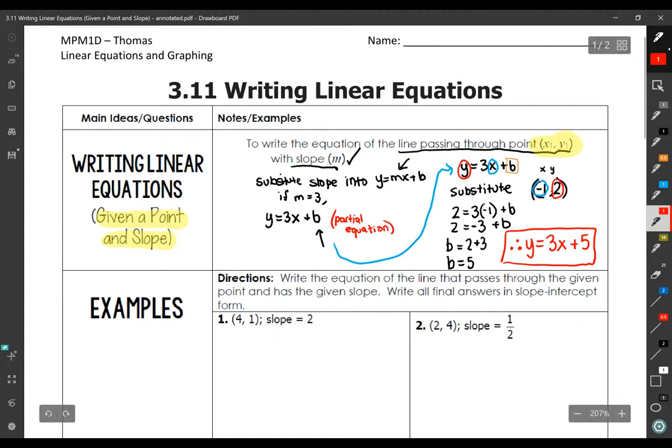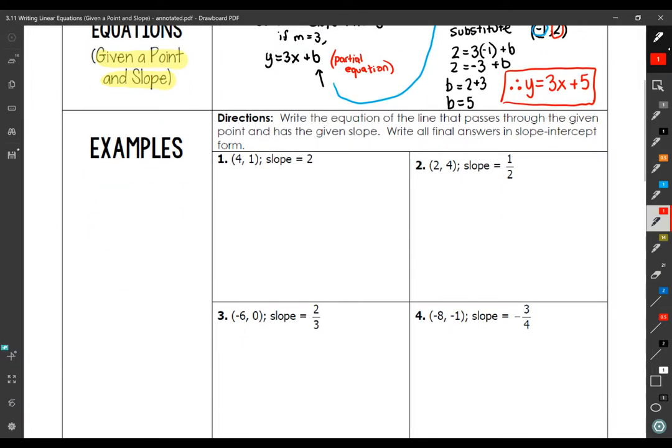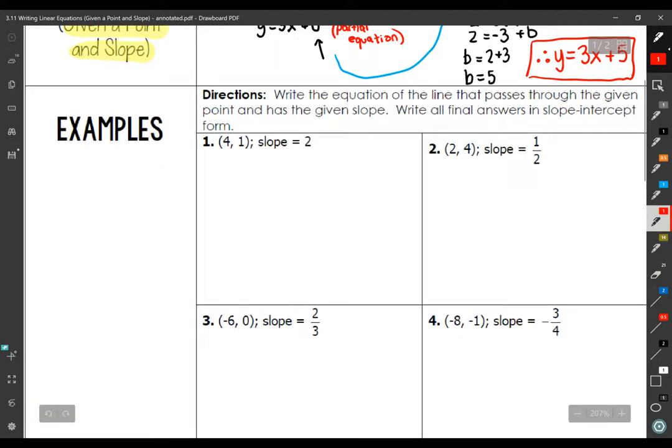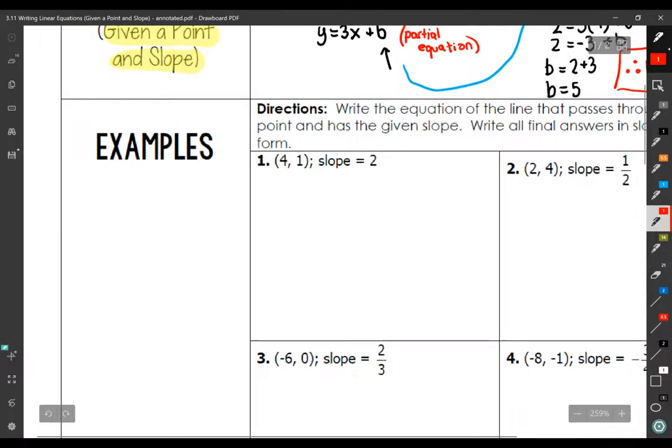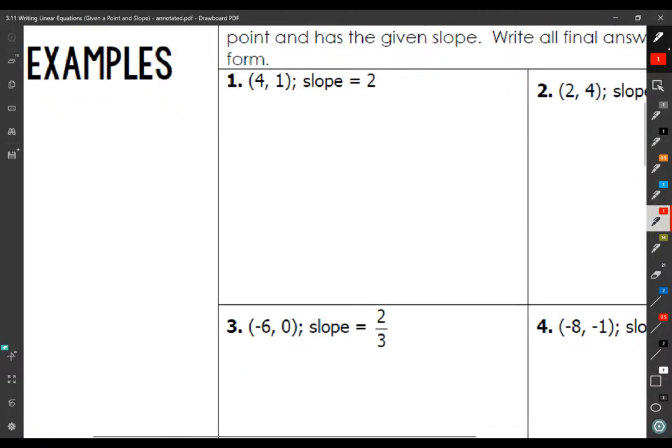Okay, so that's essentially what we're going to do. We're going to be doing this over and over again, and we're going to be solving for the equation of the line. Okay, so question 1. Here we want to find the equation of a line that has a slope of 2 and that passes through the point 4, 1.